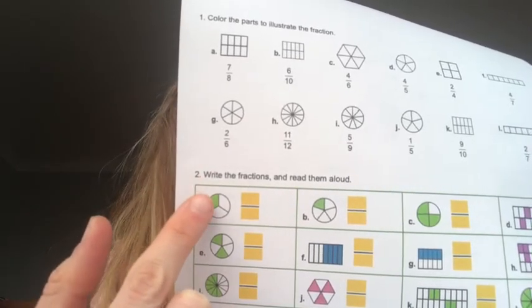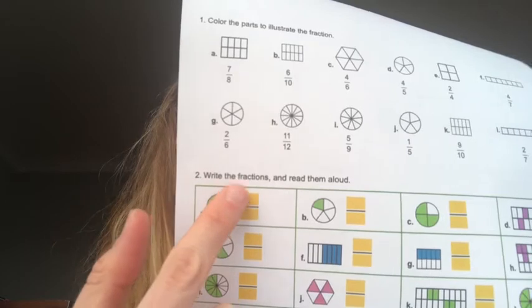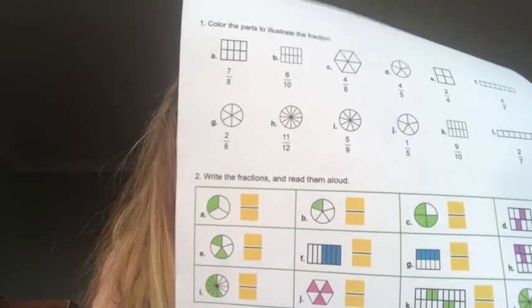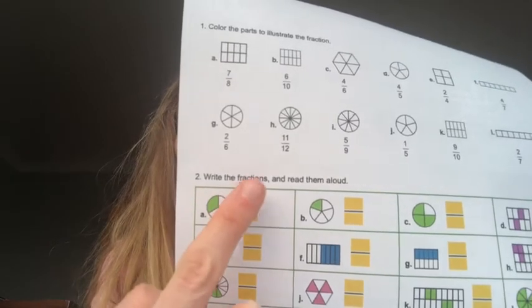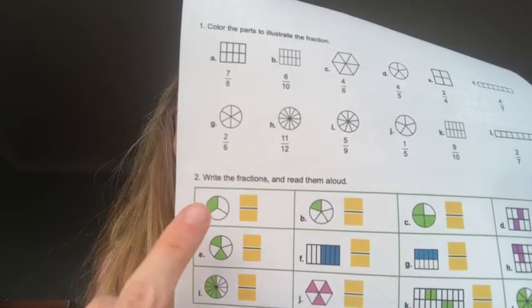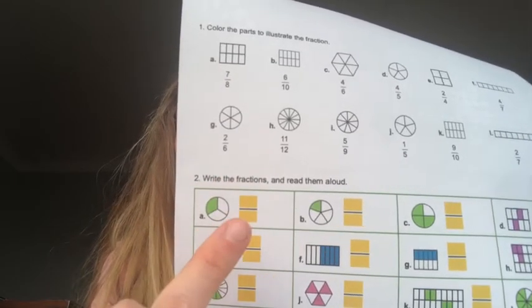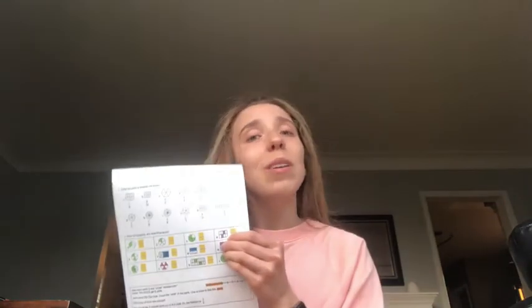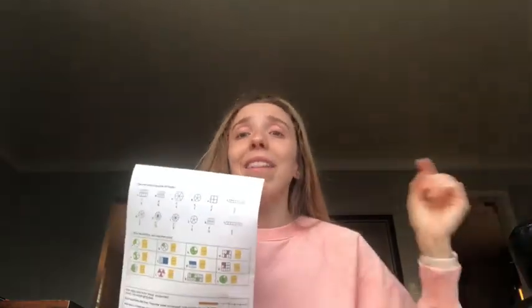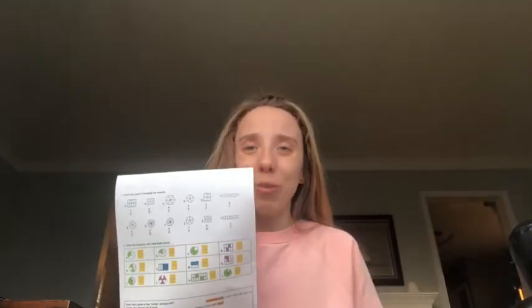So that becomes your numerator. So then you would put a 1 at the top and a 3 on the bottom. So whatever is colored becomes your numerator, and the number of total pieces is your denominator. So go through and do number 2, pause the video, and then move on to number 3.